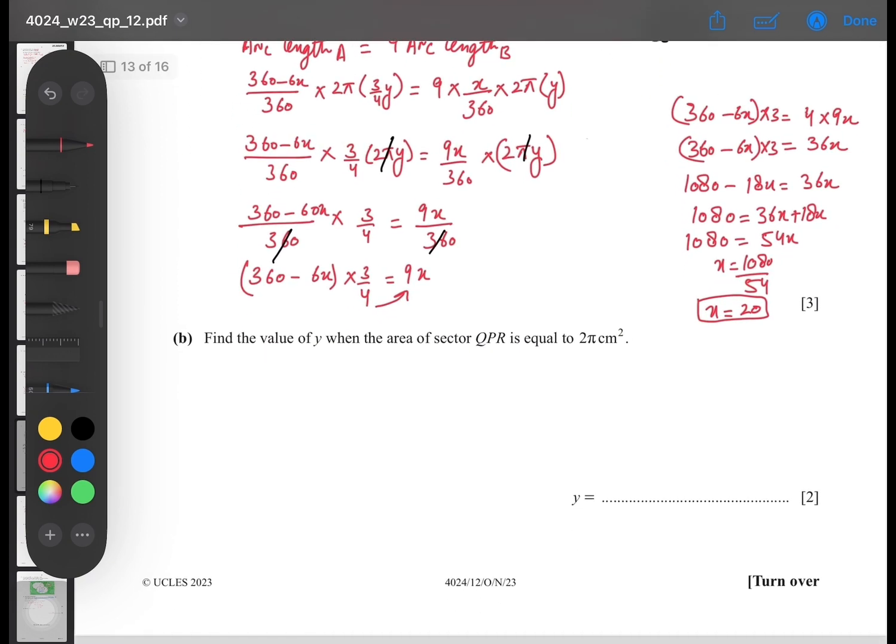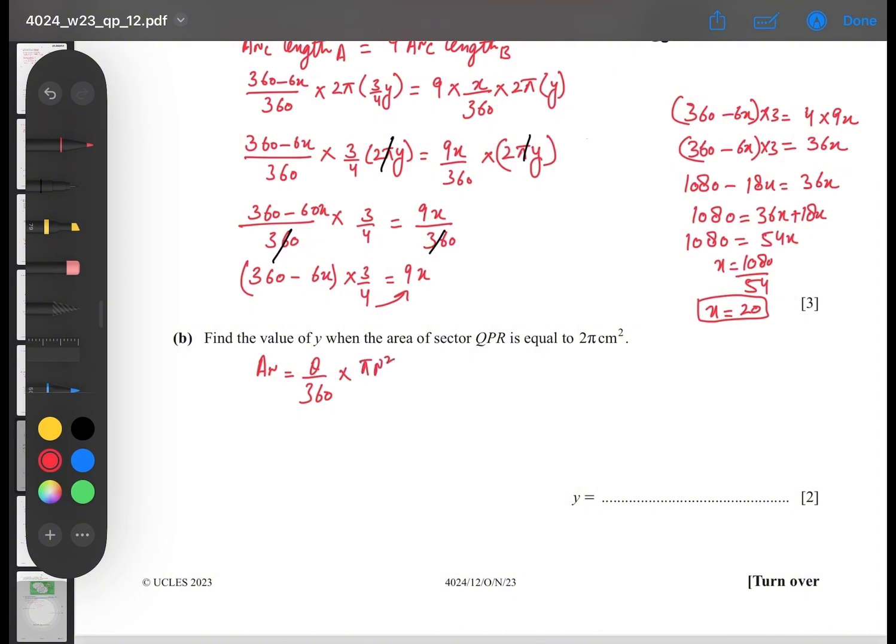In part B, find the value of y when the area of the sector QPR is equal to 2 pi centimeter square. So we'll apply the formula of the area of the sector, that is theta over 360 multiplied by pi r square.